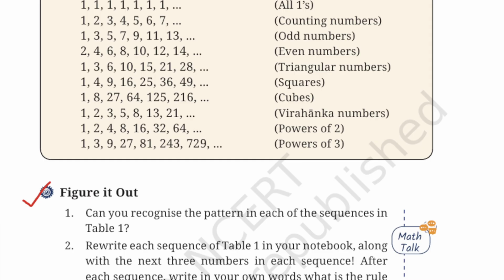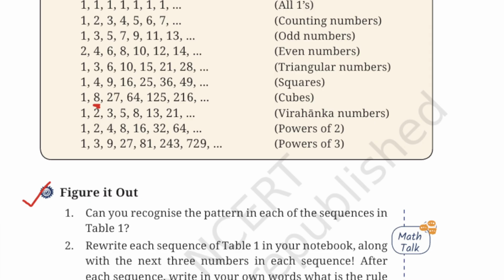Likewise, square numbers are the numbers that can be arranged in the shape of a square. Cubes are the numbers formed by multiplying a number by itself 3 times. For example, 1 into 1 into 1. If you have 2, 2 into 2 into 2. 2 twos are 4, 4 twos are 8, so the next cube you will get is 8.